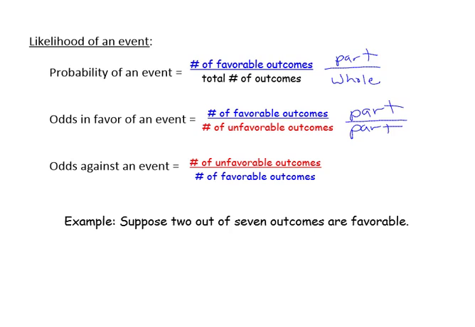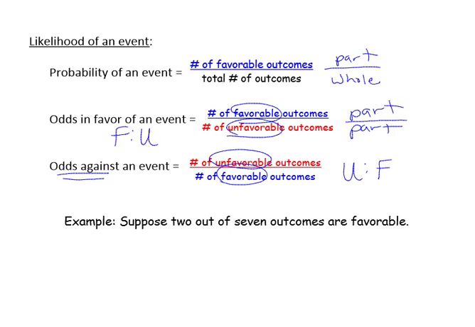You notice neither one of those has the word total. We have favorable over unfavorable. If you want the odds against an event, you do number of unfavorable over the number of favorable.